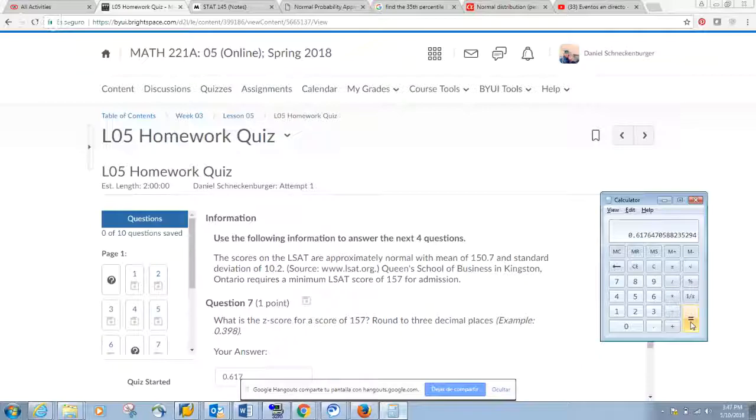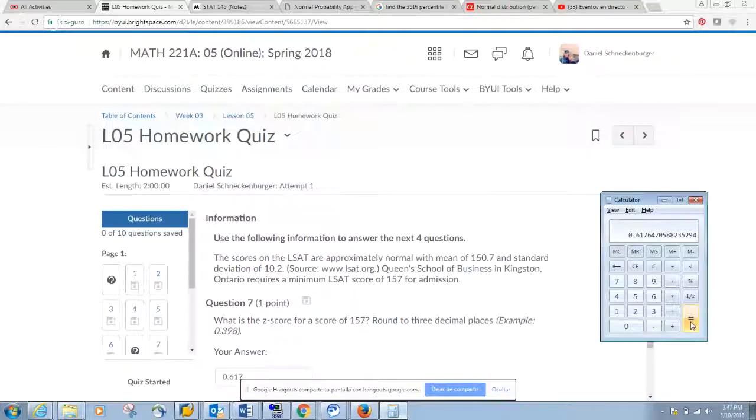I just put 0.617 because I'm not too sure. Or the other option would be that we just put 0.618. I don't know. I think it'd be 0.618.